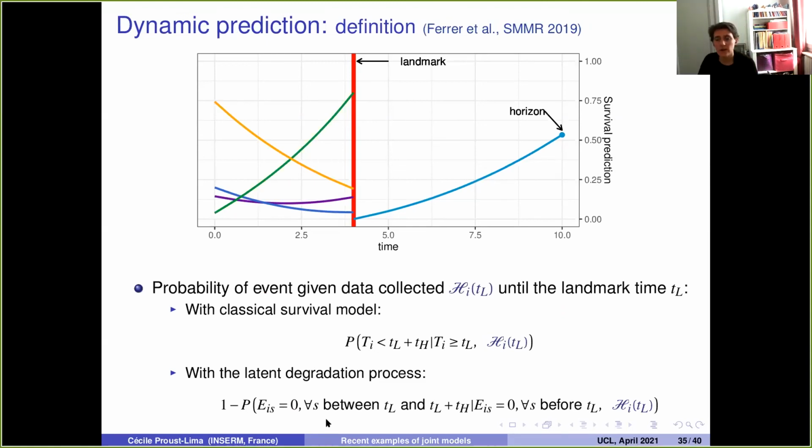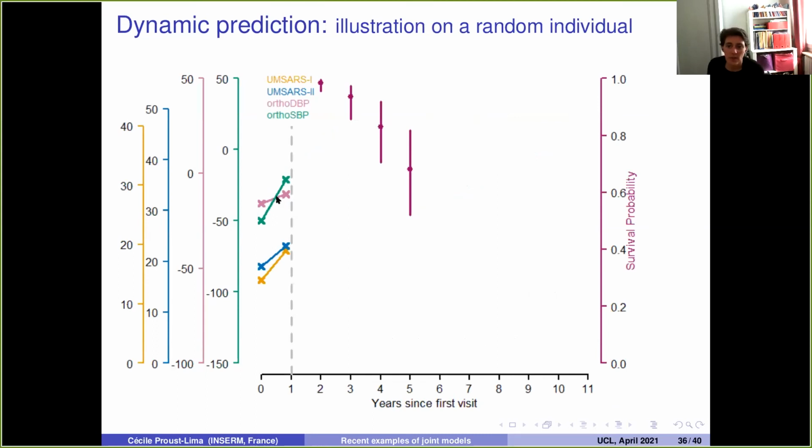And we use that to make individual dynamic predictions. The dynamic individual prediction consists in looking at a certain time that we call the landmark, and looking at the risk of having the event, for us death, after a certain amount of time from there, according to the history of the biomarkers I have for my individual up to this landmark time. We use that on this model based on the two dimensions, the orthostatic blood pressure here and the function here, with four different biomarkers.